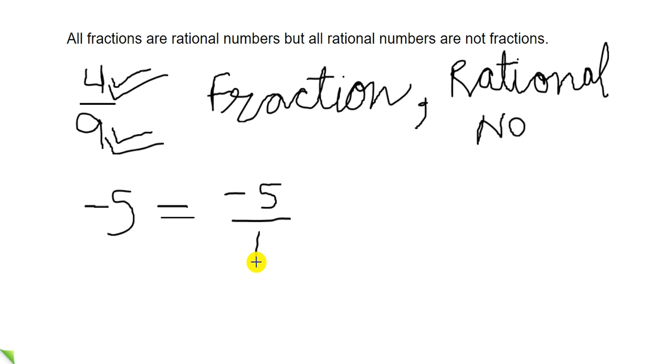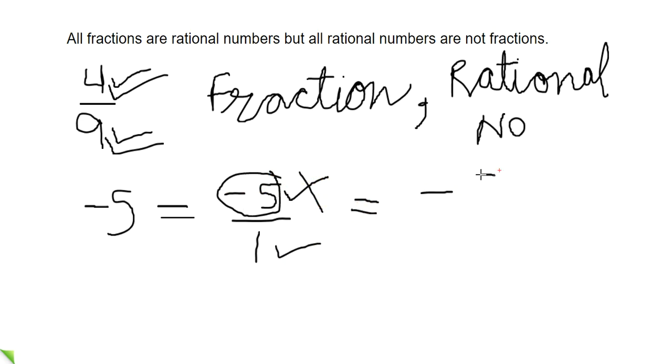And if we recall the definition of whole numbers, it says whole numbers are always positive numbers. So, is -5 a whole number? No, it is not a whole number. Is 1 a whole number? Yes, it is. But my P is not a whole number. So that means -5 upon 1 is not a fraction.